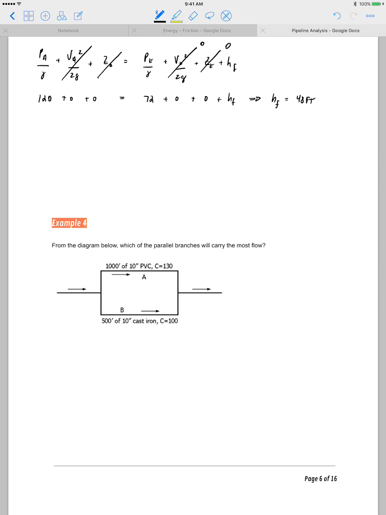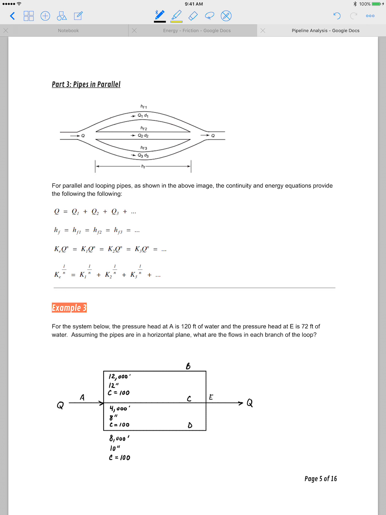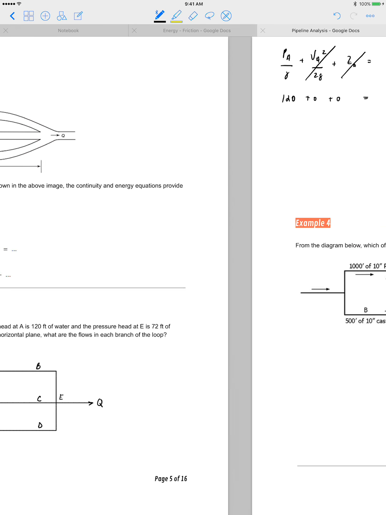So all we have to do now is take that h sub f, and plug it into the Hazen-Williams equation. We know the C values, right? The C values were given to us as 100 for each.